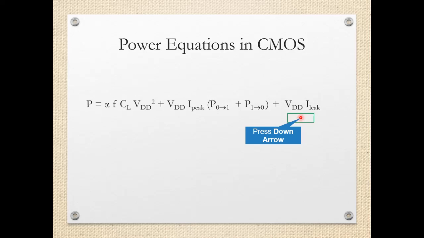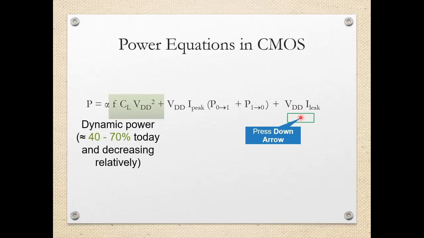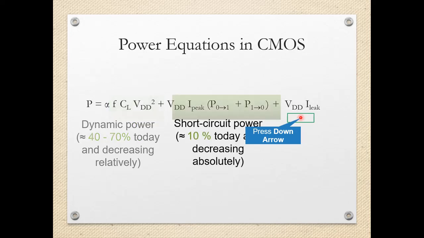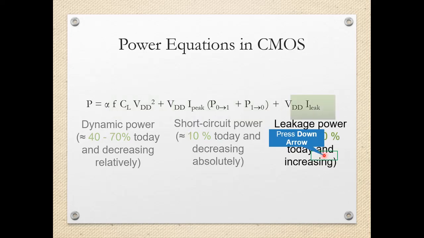Now we'll see the complete equation for power consumption in CMOS. It will be the addition of the three cases which we have studied. The first one is dynamic power, given as alpha into F into CL multiplied by VDD square. This formula we have already studied in detail. Then the next is the short circuit power, and the last part is the leakage power.